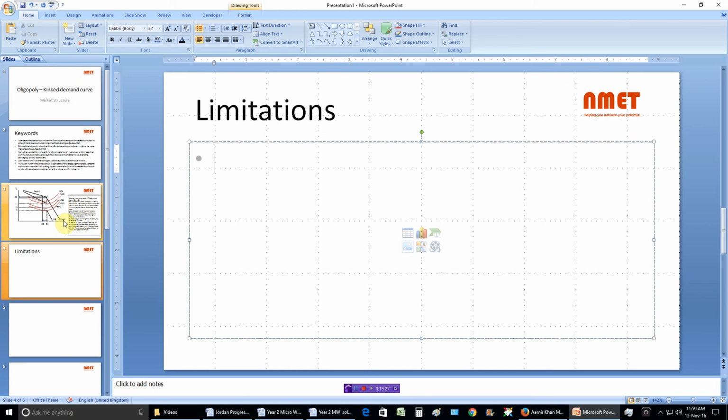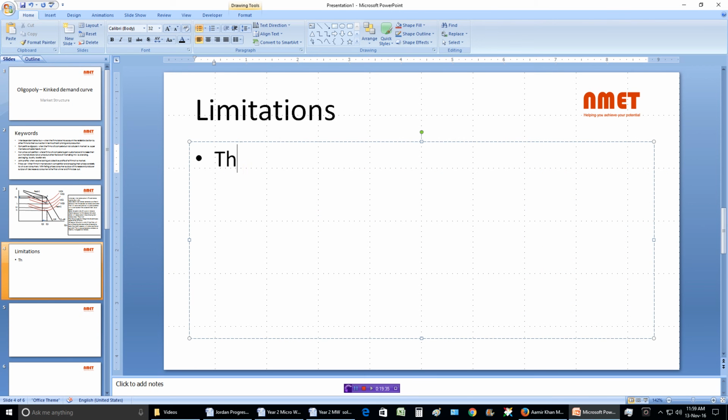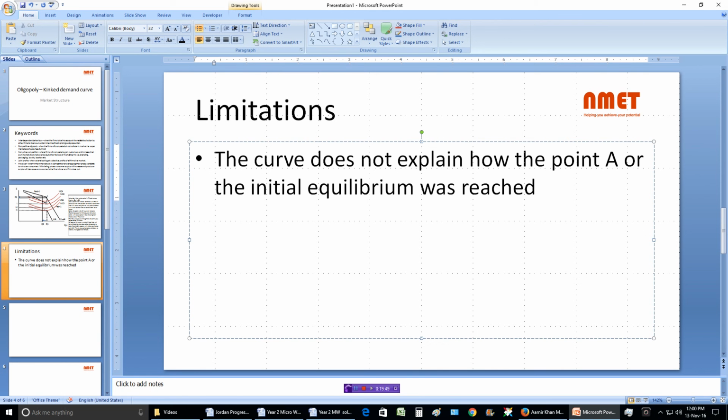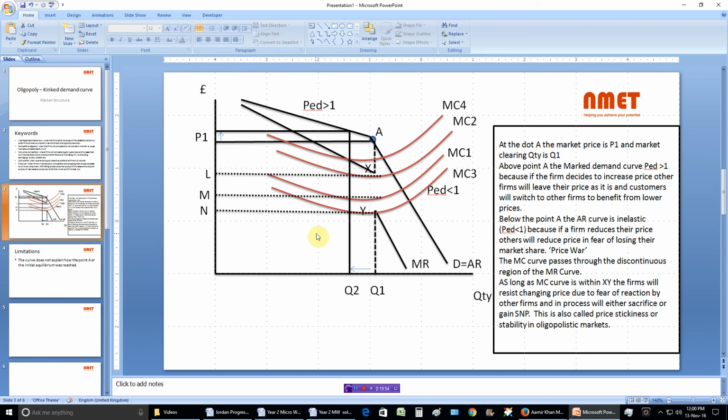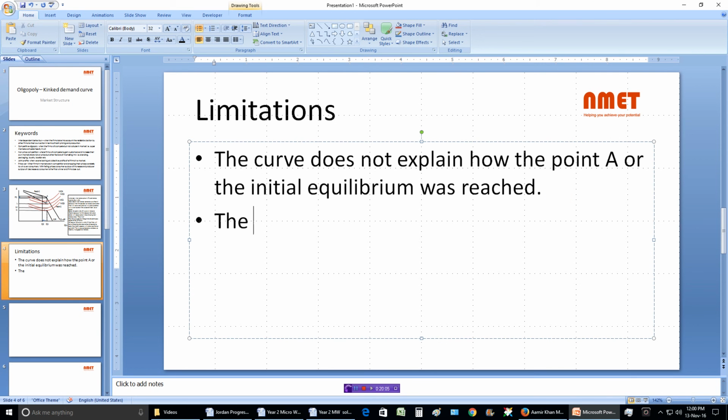Okay, now, as I said earlier on, there are certain weaknesses or limitations to the kinked demand theory. Did I explain to you how this original dot A was reached, or the market equilibrium? So that's one of the weaknesses. Does the theory take into account all the other means of competition, non-price competition? No. So that's another limitation.